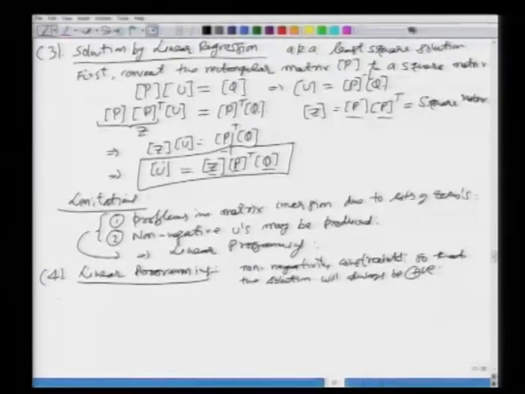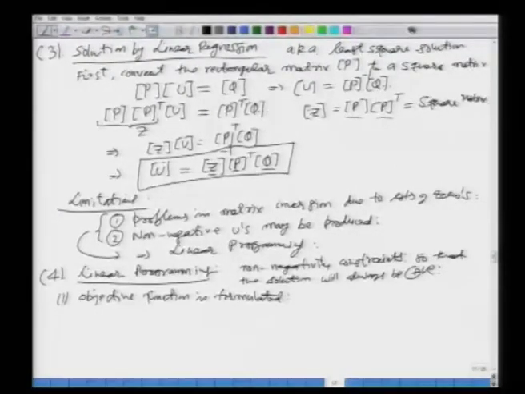If you look here, in any optimization problem, or in the linear programming problem in this case, we need an objective function. An objective function is formulated. What is an objective function in an optimization problem?